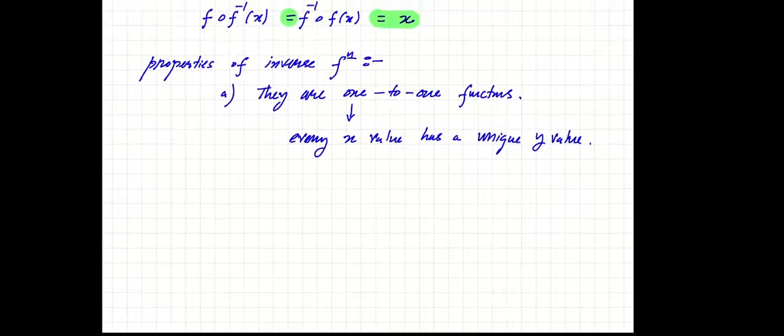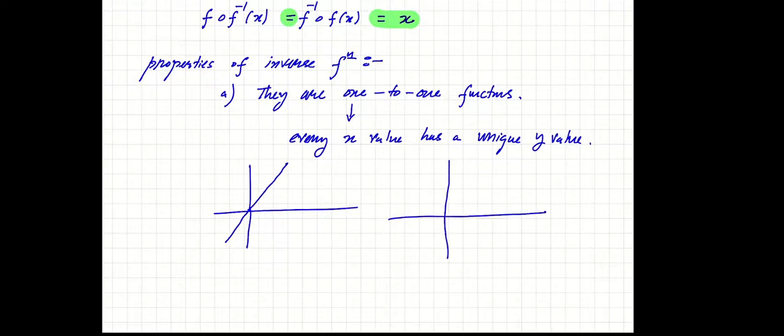Example? You have two functions like this. So how do you check whether they are one-to-one? Horizontal line test. You make a horizontal line and see how many intersections there are. Here there are 2 intersections, here you have 1 intersection.